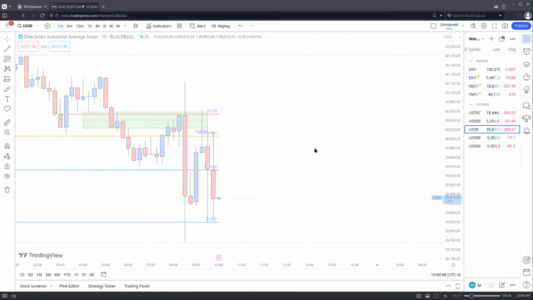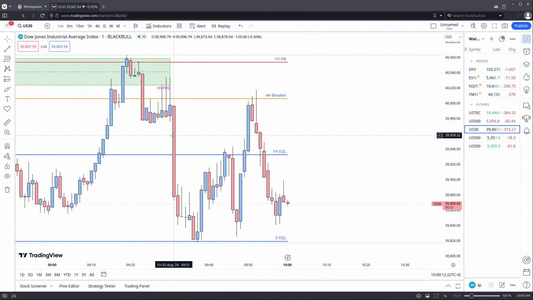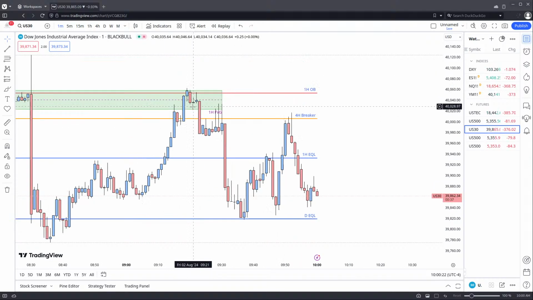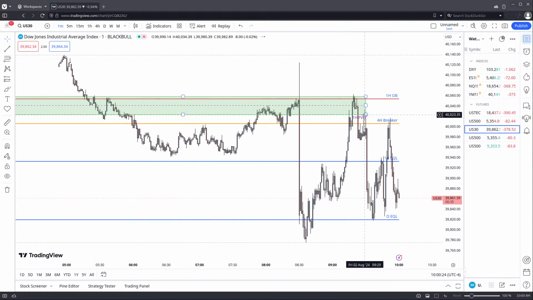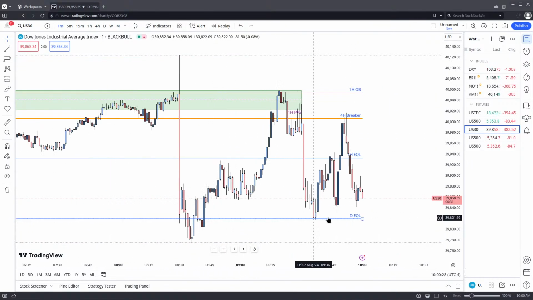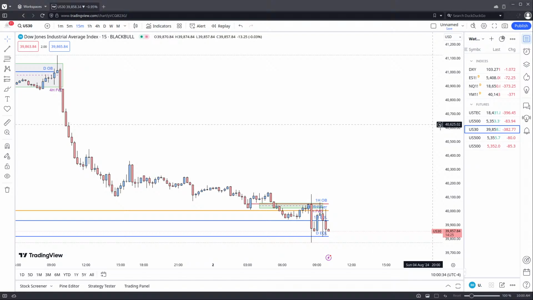So that would be an SMT. Not much happening here either, other than the fact that we traded into this gap, back into that breaker block there, same move, 929, 928. Traded down lower into this 1 hour fair value gap here, tanked off lower, sitting sideways. So not much to expect.